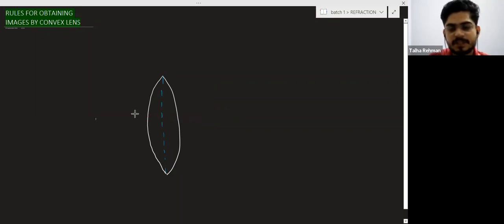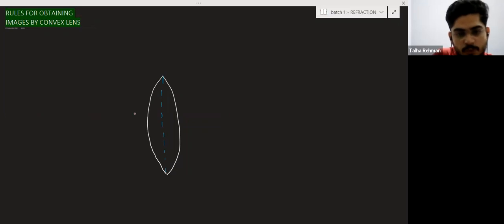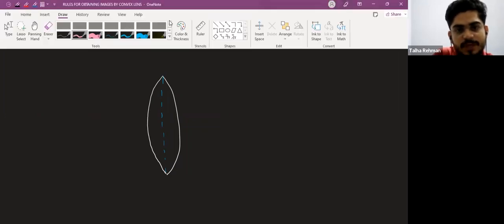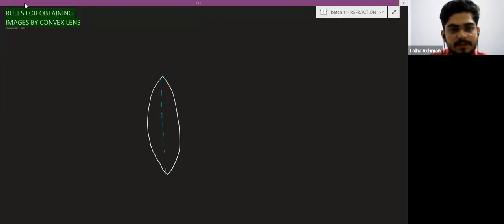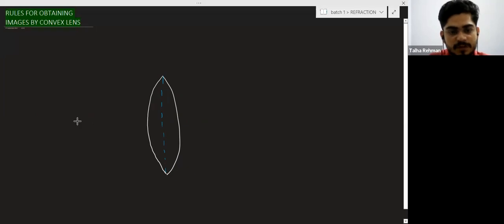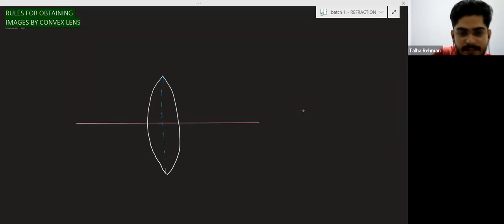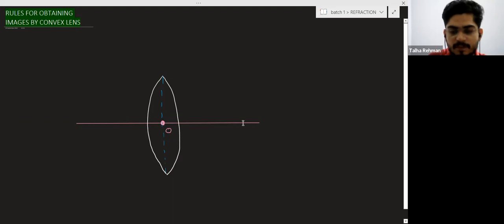You have to make the optical center and principal axis while drawing the lens for the formation of the image. So suppose this is the principal axis, this center point O is the optical center, and this is a convex lens.